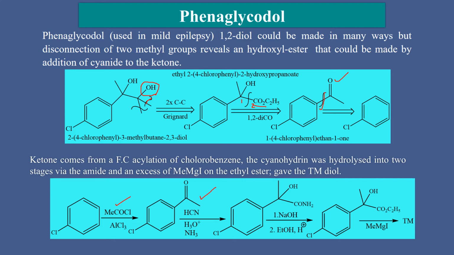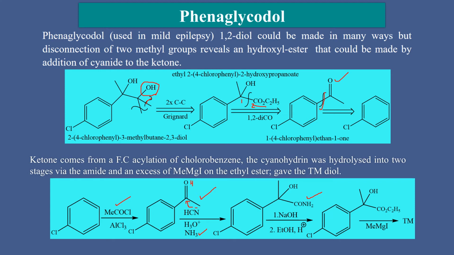In the presence of HCN, cyanohydrin is obtained. This cyanide will attack here, and then the addition product will be obtained. H will be added to this oxygen. The cyanohydrin, when it is hydrolyzed in the presence of ammonia, gives an amine.